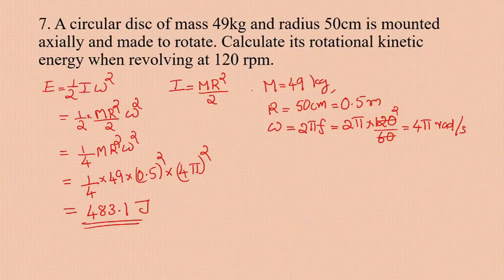Okay, so we can directly write the expression for the rotational kinetic energy, that is E is equal to 1 by 4 mr square omega square.